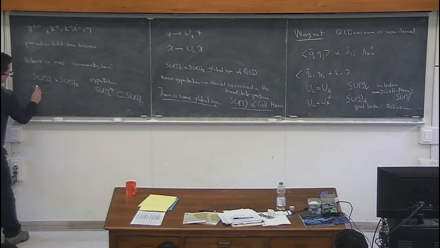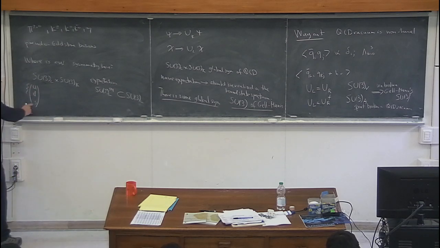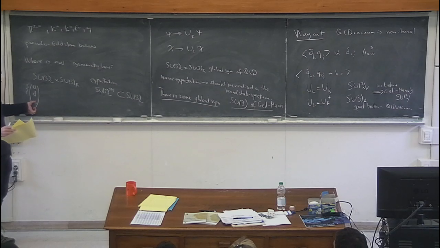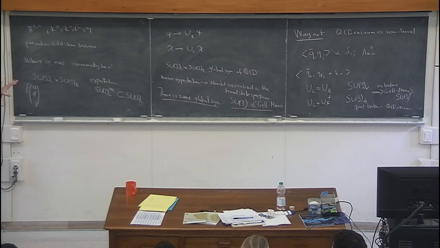Really, what you have is that up and down are SU2 doublets, but charm and strange left are also SU2 doublets. So the true way to embed the SU2 of the standard model would be to take a 4-quark QCD and embed SU2 twice, but then the charm is very heavy, at least compared to the scale of QCD, so you integrate out part of that and look at the resulting effective theory.